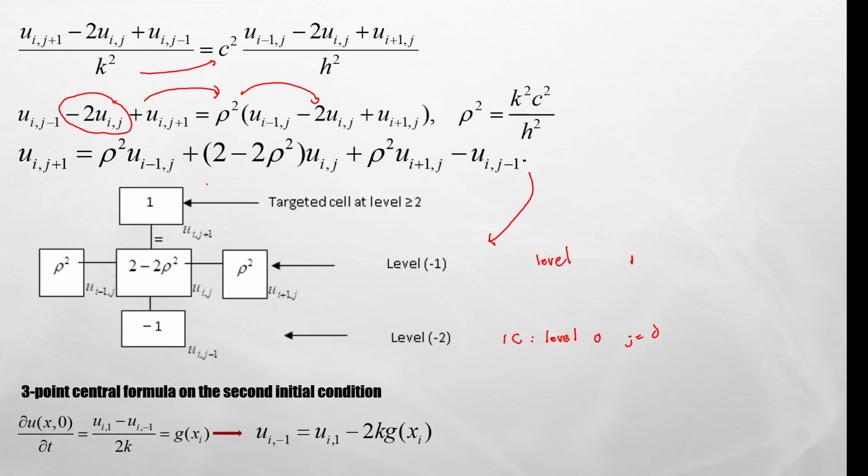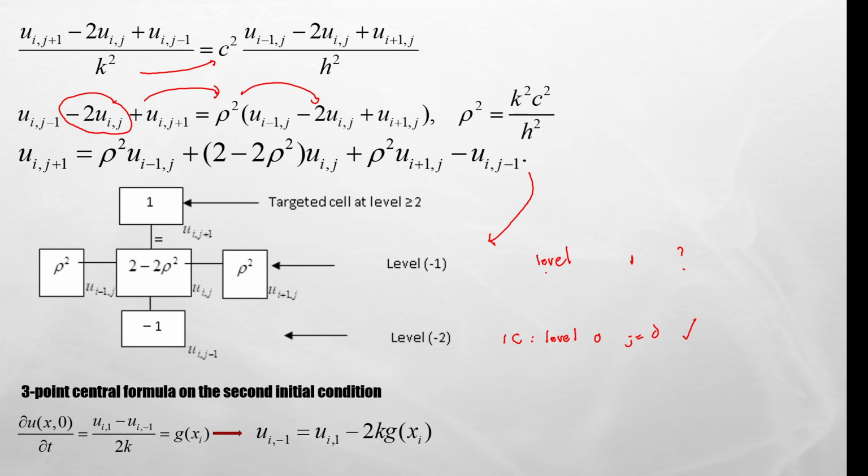If we use this 3 level scheme, we have the initial condition, level 0, and then we need level 1. You need level 0 and level 1, then you can calculate level 2. Later on, with levels 1 and 2, you can calculate level 3 and so on.